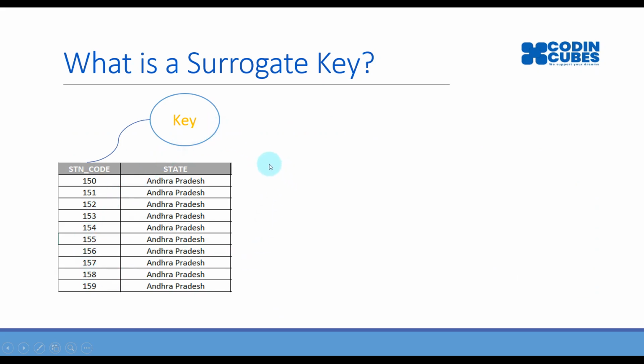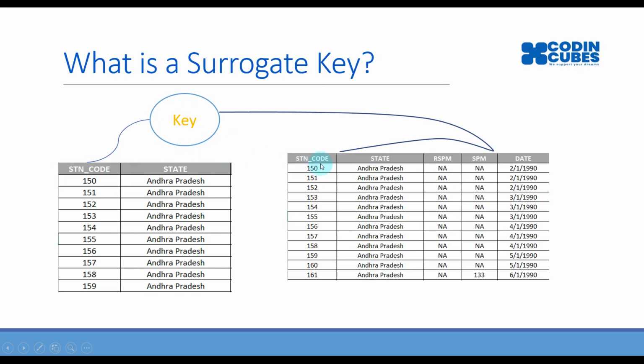So this is the example which we'll be using for explaining the surrogate key. Here a table is given. It has a column STN code which we are using as a key here. We use this key to refer to other data, which represent the values related to the STN code.